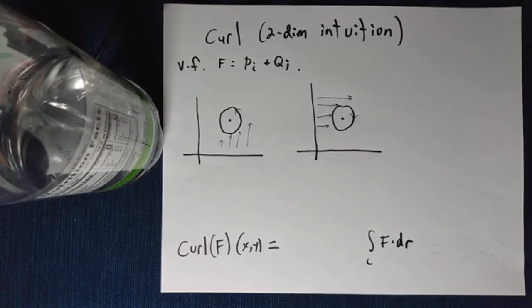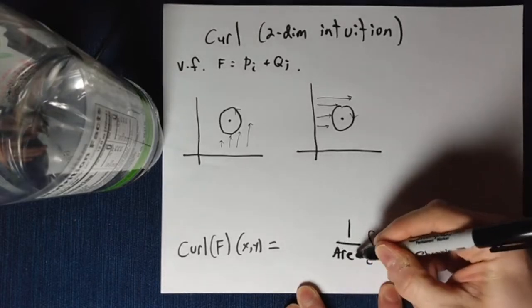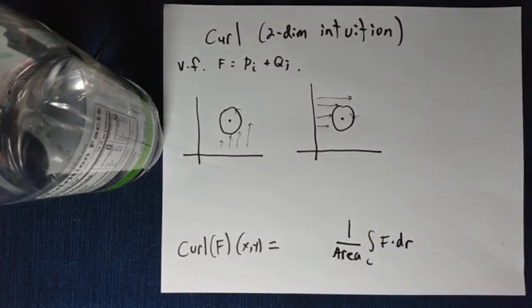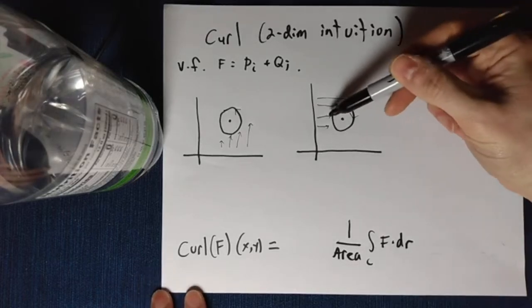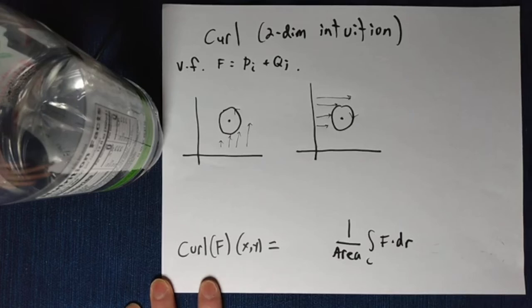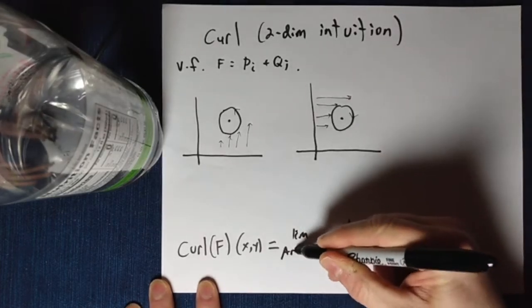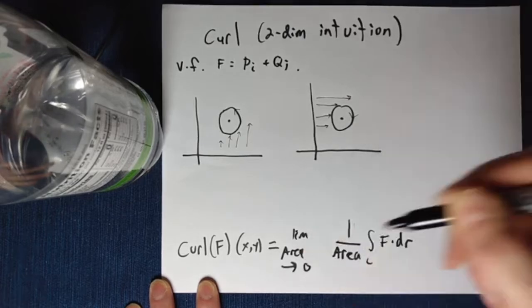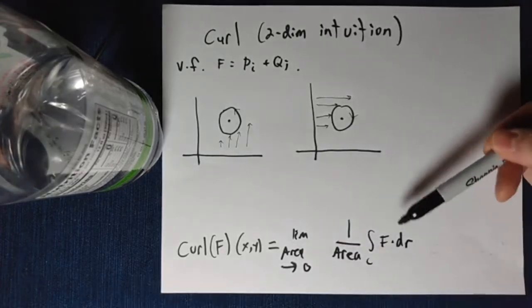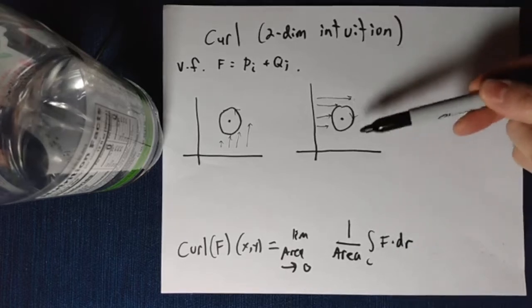And then in the definition of curl, we divide this by the area of the circle. So we have the line integral divided by the area of this circle, and then we take the limit as that area goes to 0 of the sort of average turning power over this whole thing.